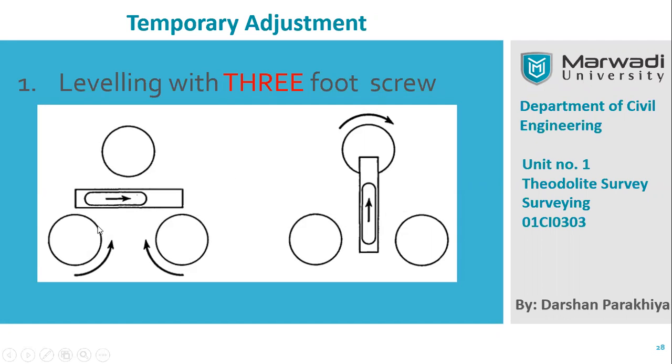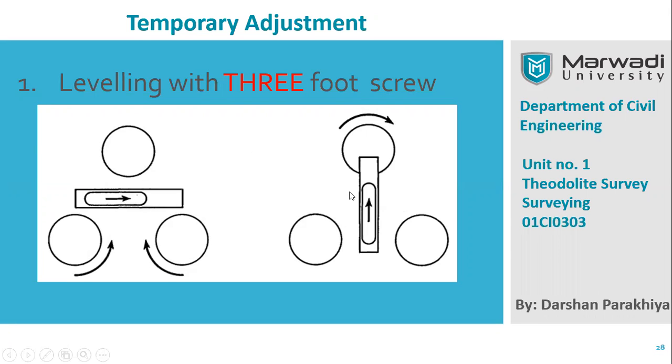So first of all, what are we doing? We are placing the bubble parallel to any two of the foot screws, and we turn them either inside or outside. We are rotating the foot screws either in the inward direction or the outward direction. Then the bubble will be centered.